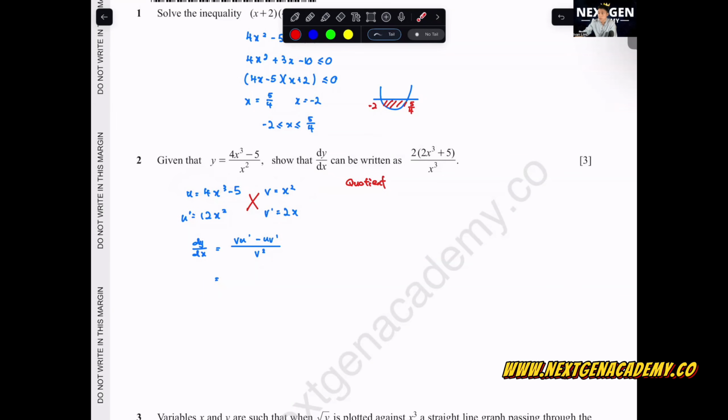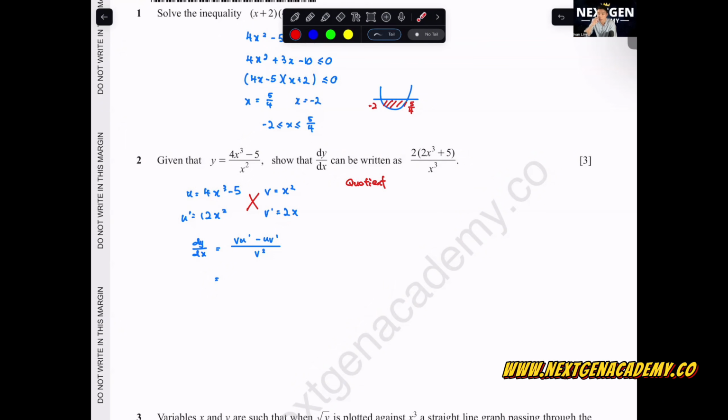Can you write it as x = -2 and x = 5/4? What do you mean? What's simplified already? I wrote here -2 and 5/4. The first question, right?